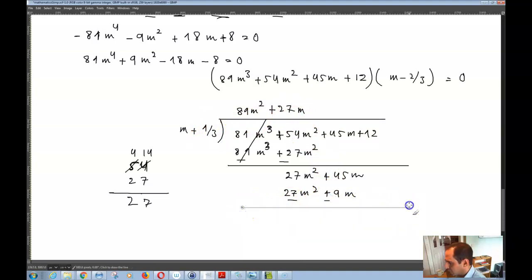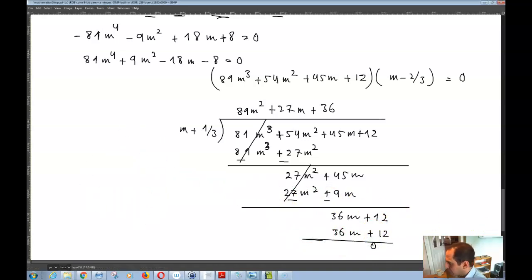And subtract, you will get a 0 over here, and 45 minus 9 is equal to 36m plus 12. 36 times m is equal to 36m, and 36 divided by 3 is equal to 12, and you'll get a 0 over here.